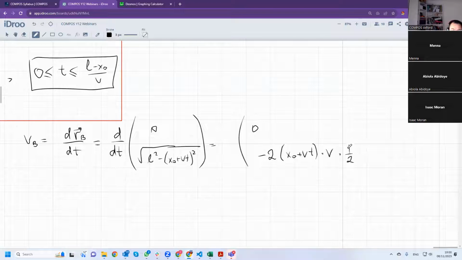It's a very complicated chain rule. 1/2 multiplied by 1 divided by 2 square root L squared minus x0 plus Vt squared.